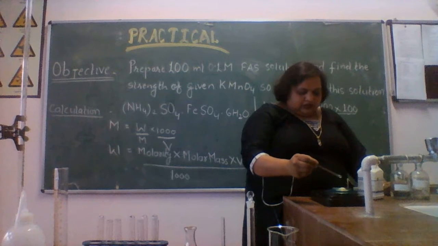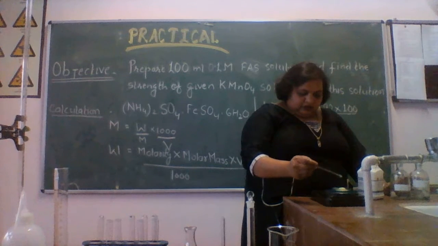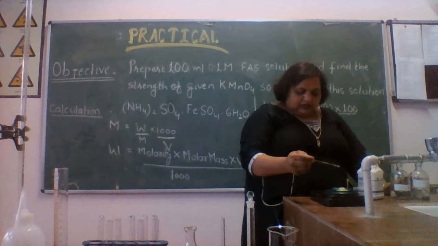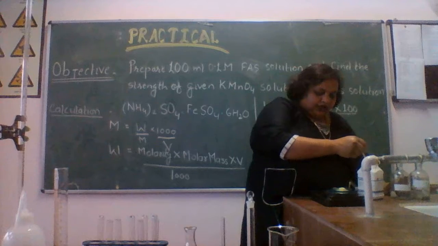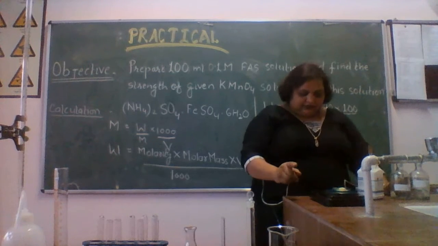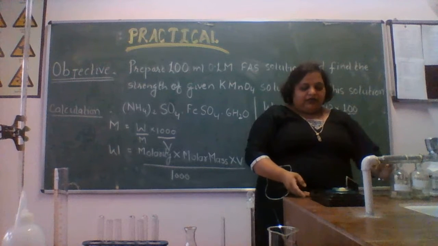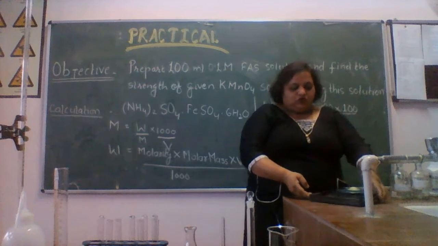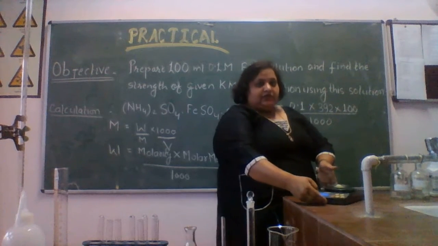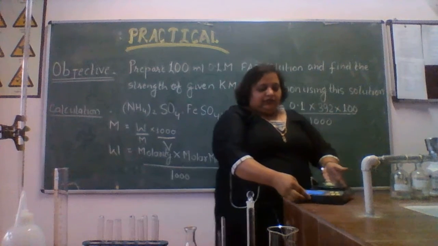Now this is 3.94. Now it's the time for the last crystal. Here it's the 3.98 exactly. Exactly it is the 3.98. I just want to show you. See here, this is the reading.